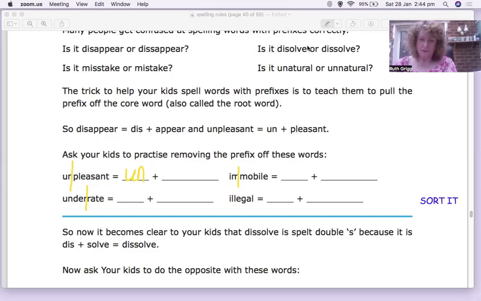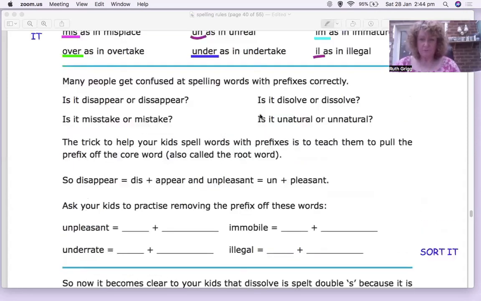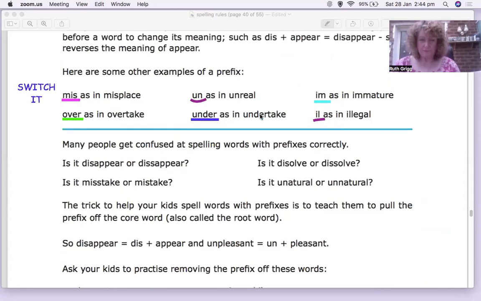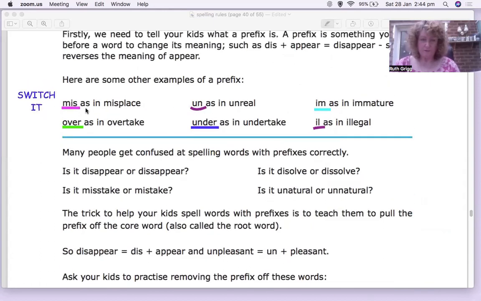Let me just clear the screen and go back up the page. So I need you to obviously print this, download it, print it out. And on this bit of paper, you'll see miss and place. Underline all the prefixes like I have. I've done them in different colours, but you can do them in one colour.